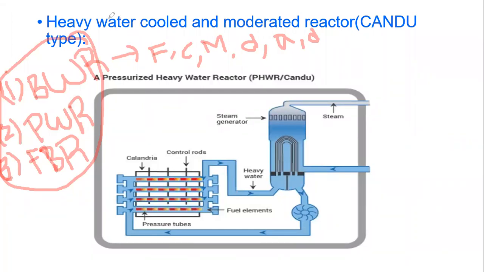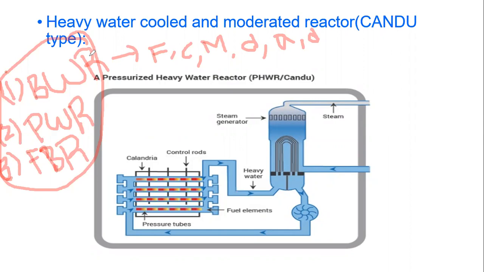Understand? These are the types of reactors used in nuclear power plants. In the next class we will discuss the pollution from nuclear power plants, how the pollution is produced, and which types of radiations are released.